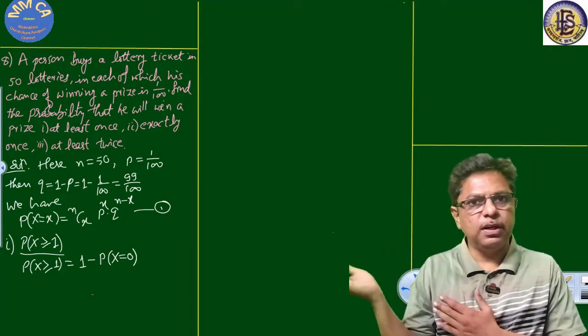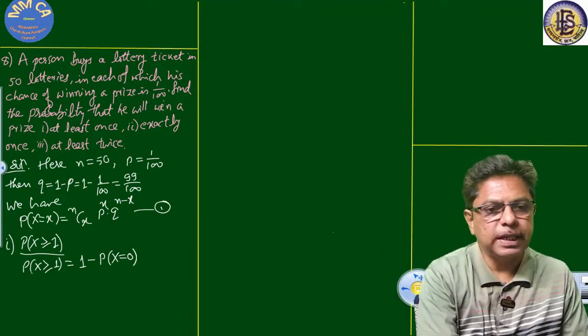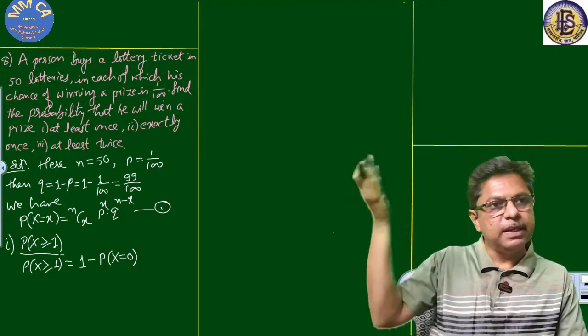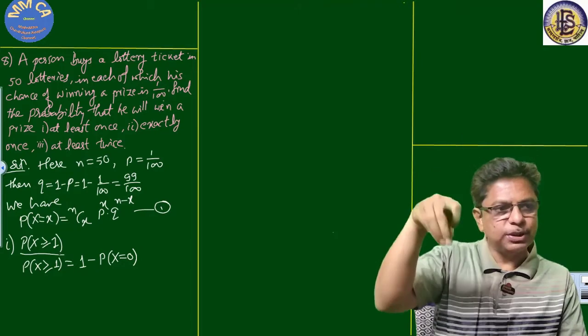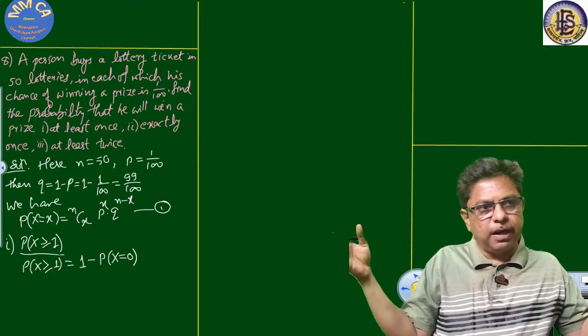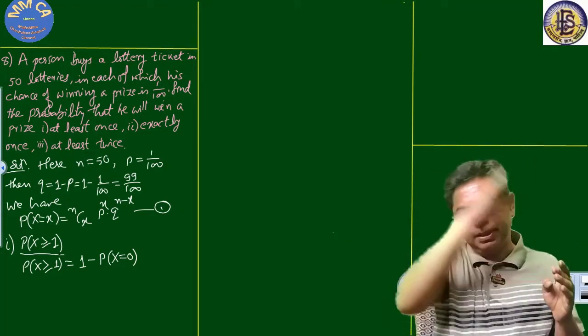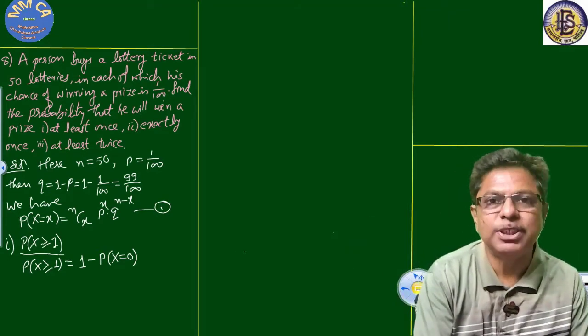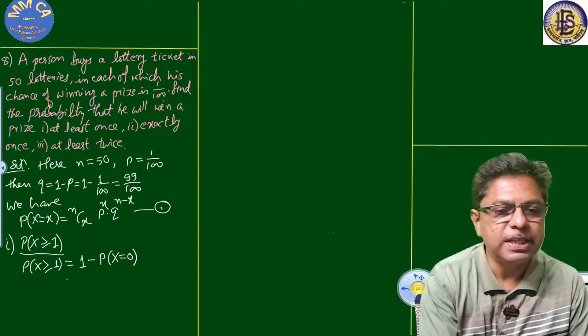X greater than or equal to 1 means 1, 2, 3, 4 up to 50. If we add probability of X is equal to 0 into it, we get the total values and the sum will be 1. So I'm transferring that probability of X is equal to 0 to the other side from the total summation. So very simple formula we have.